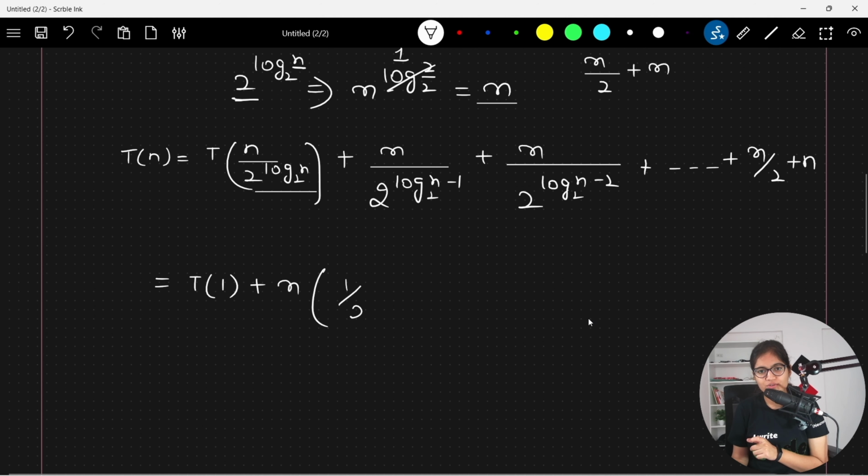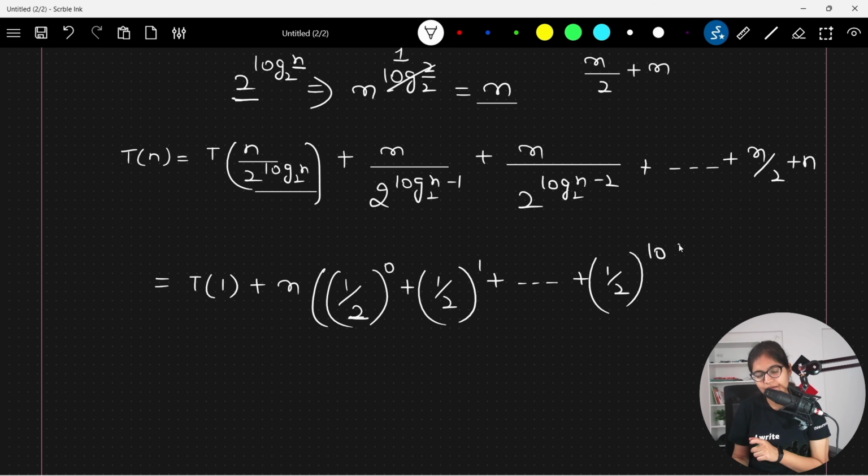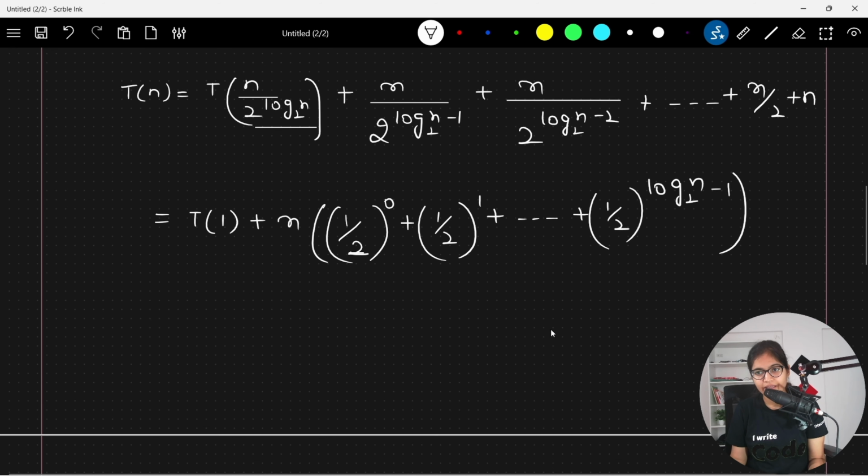Now we can write the same thing in this format: 1 by 2 to the power 0 plus 1 by 2 to the power 1, and so on, up to 1 by 2 to the power log n base 2 minus 1. How are we getting this? What we have done here is take the constants in reverse order.